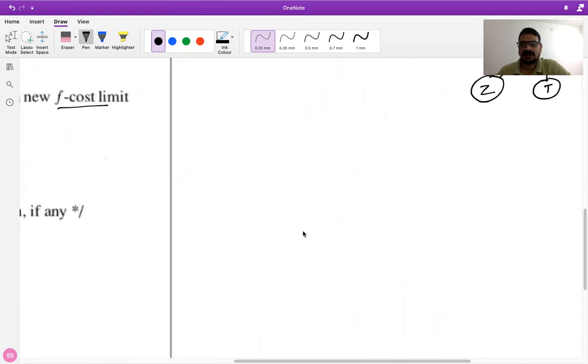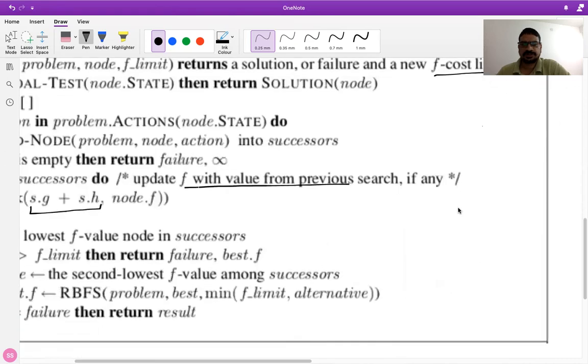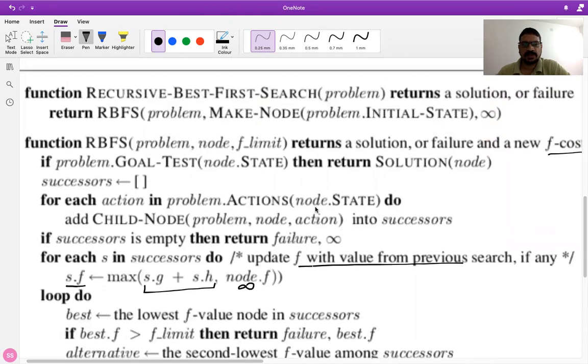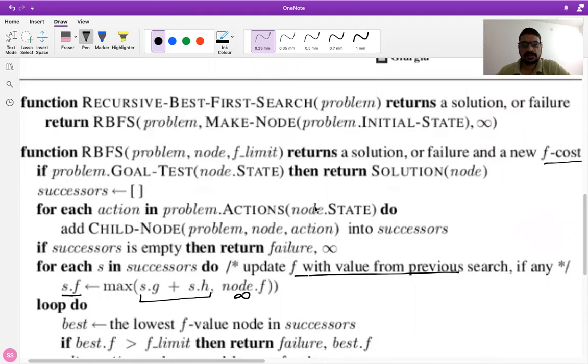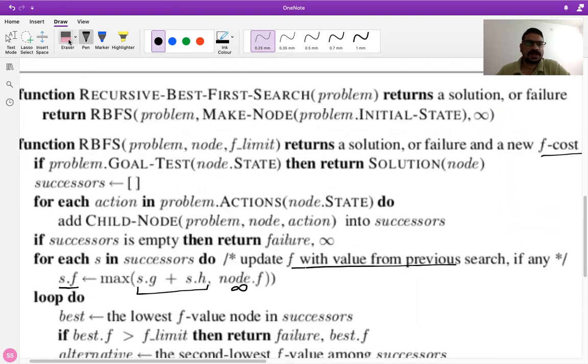What is the f value for Arad? The f limit is different, so I have to calculate the f value for that.